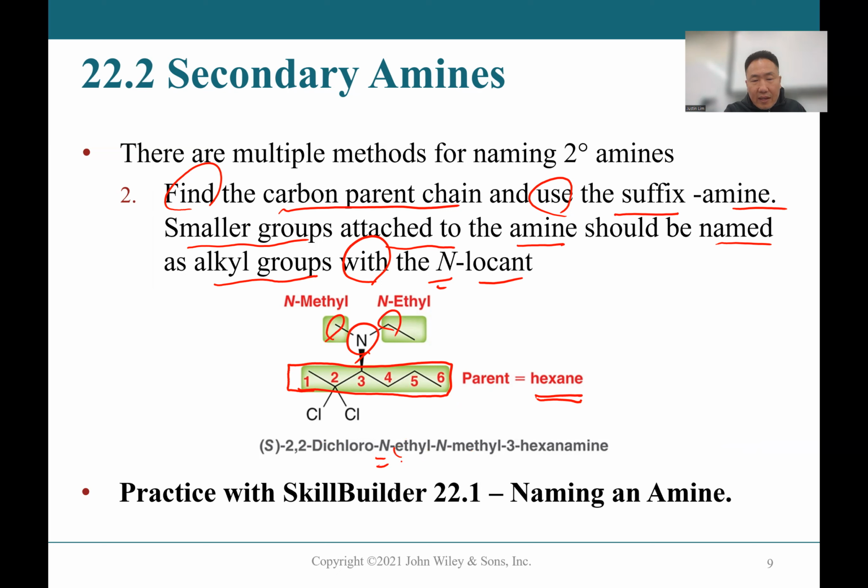So N-ethyl, in alphabetical order, N-methyl, 3-hexanamine. And at C2, you can see chloro, so 2,2-dichloro. Also the configuration at C3: priority number 1, number 2, number 3. That's counterclockwise, that's S configuration.